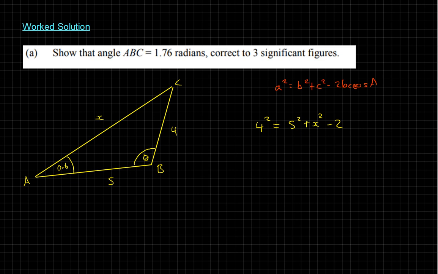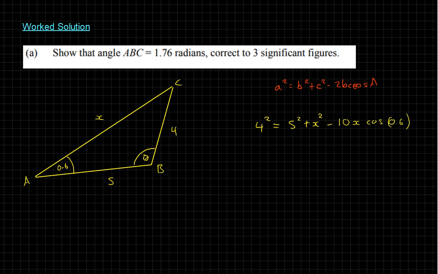Take away 2 times those two sides. So 2 times 5 times x, that's going to be 10x, times cos of the angle which is opposite the 4 side. The 4 side is there, and the angle opposite to that is this one, the 0.6. So let's put 0.6 there.